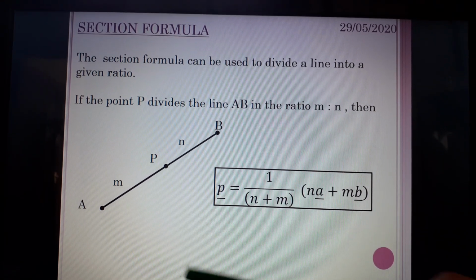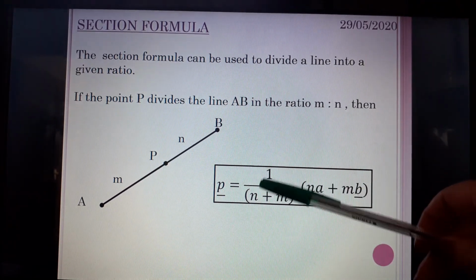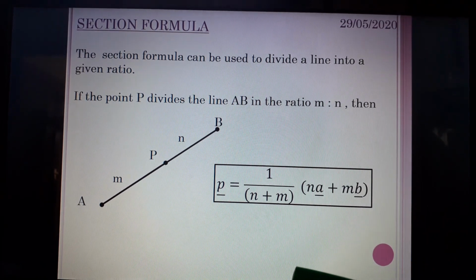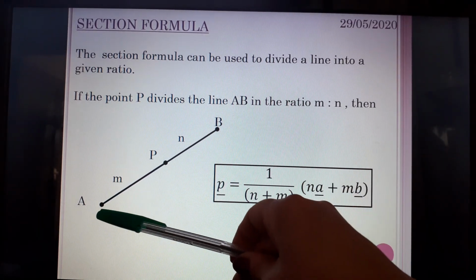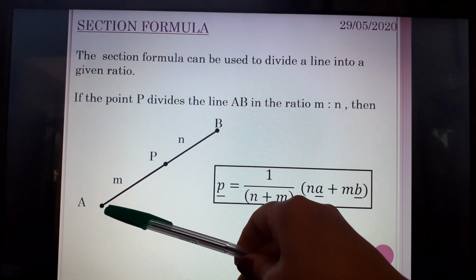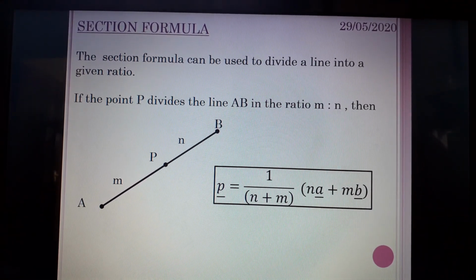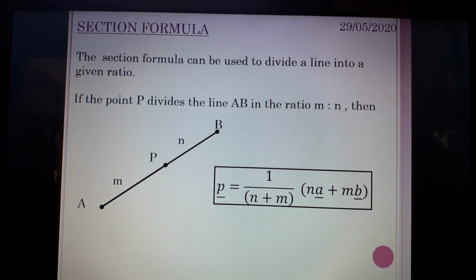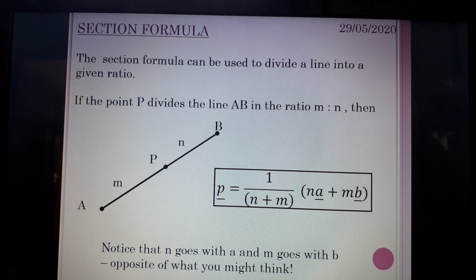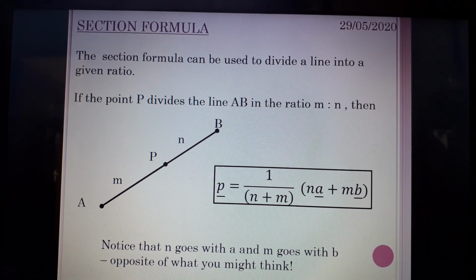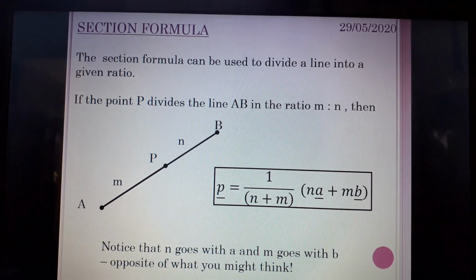So you add your two ratio numbers together, and then it's 1 over the sum of those two numbers. And then it's n times the position vector A and m times the position vector B. So we will create position vectors from our coordinates A and B. Now notice, I think this is the opposite of what you would maybe think. So notice that the m goes with the B and the n goes with the A.